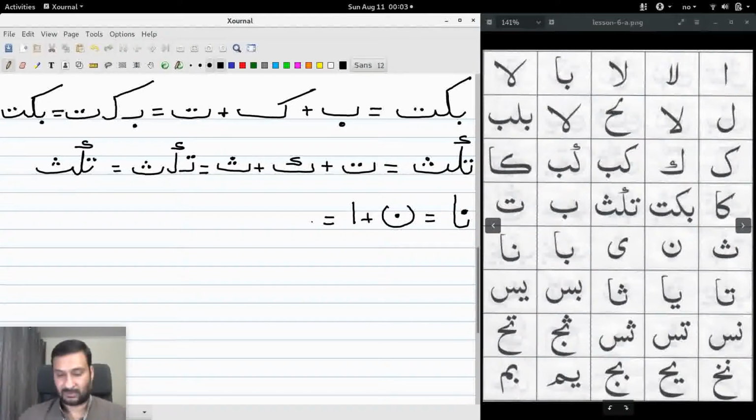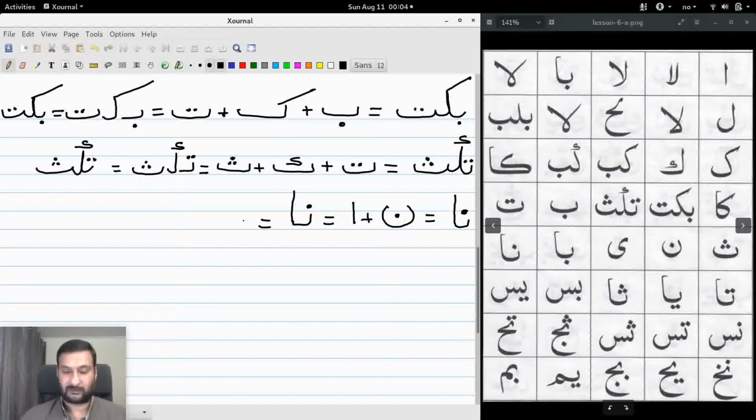Now the noon is in the beginning of the word, so it takes this form, and since it's a noon, the dot comes on top, not at the bottom. If it goes at the bottom, it will become ba and an alif. Noon alif. So like so.